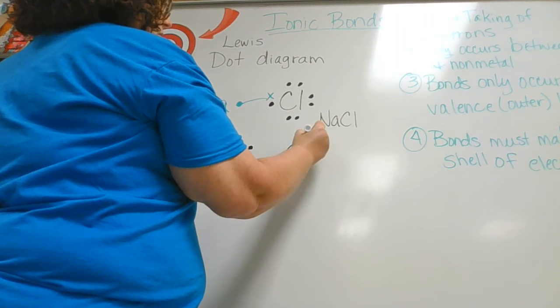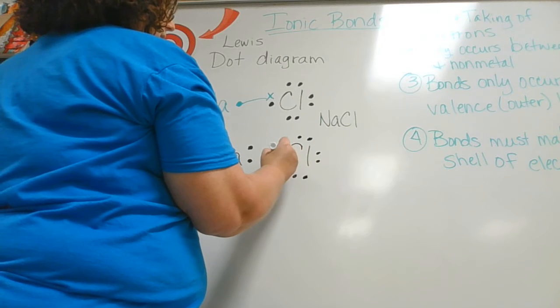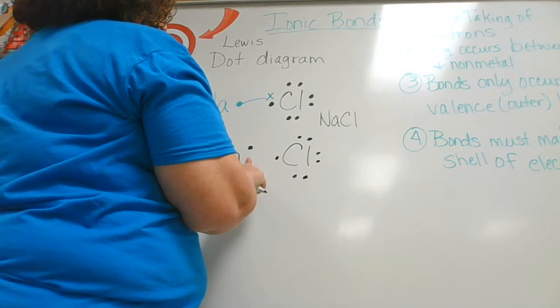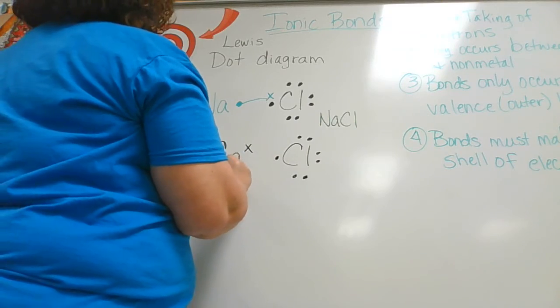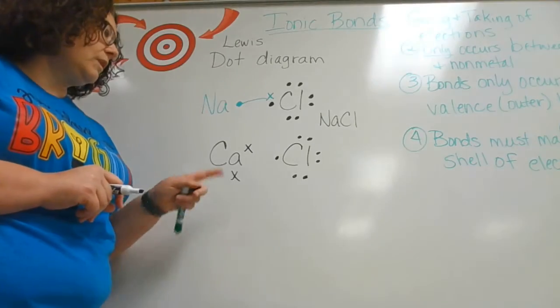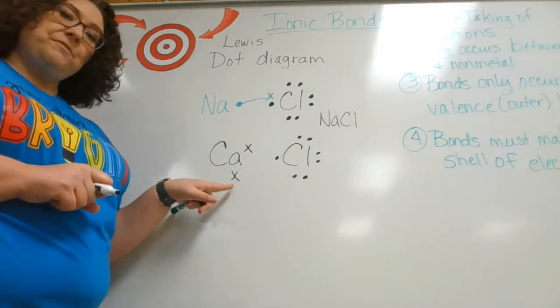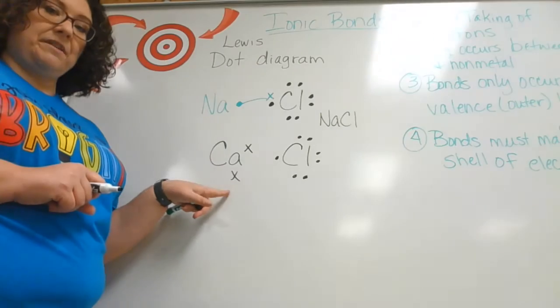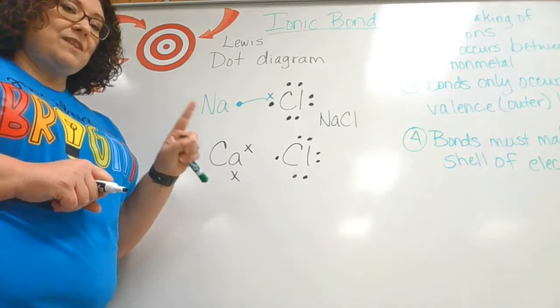Okay, so we've got 1, 2, 3, 4, 5, 6, 7. Okay, this one's a little bit tricky. In fact, I'm going to put my X's right here for calcium. Okay. You have to get rid of both of these electrons for calcium, okay? Chlorine can only take one of them.